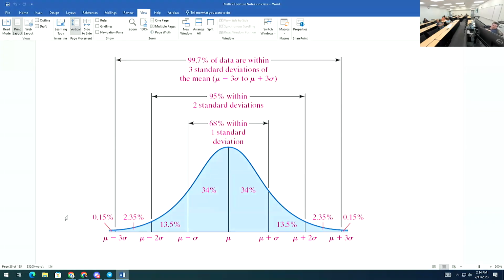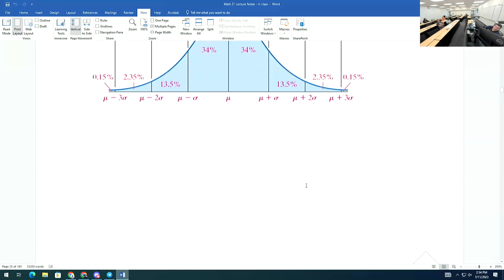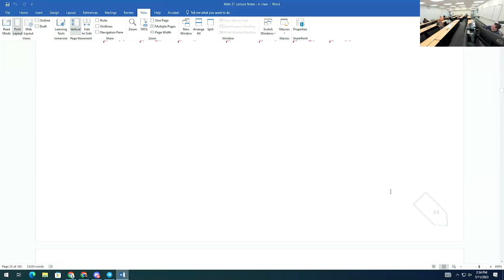It says page 25 in the lower, like I'm looking right here. Where's my mouse? There it is. Page 25 down here. I don't know what page it says. It says 34 here. Or 34, depending on where you look.